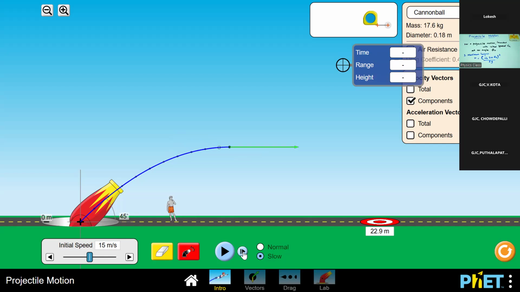So at this point, the vertical speed is 0, so there is no vertical line, but the horizontal speed stays constant. Okay. So these are all for projectile motion.